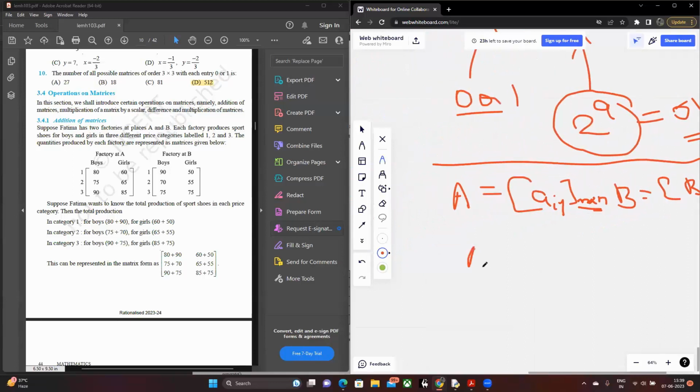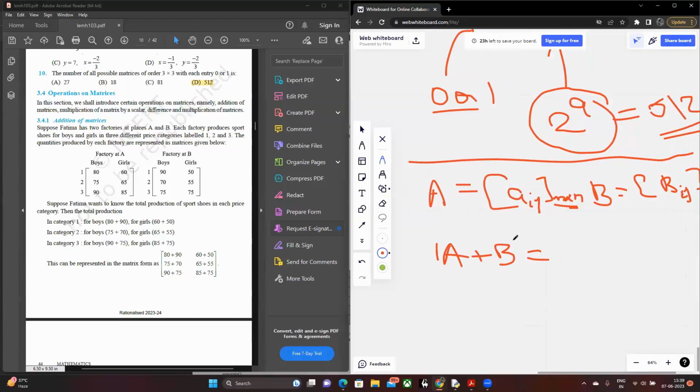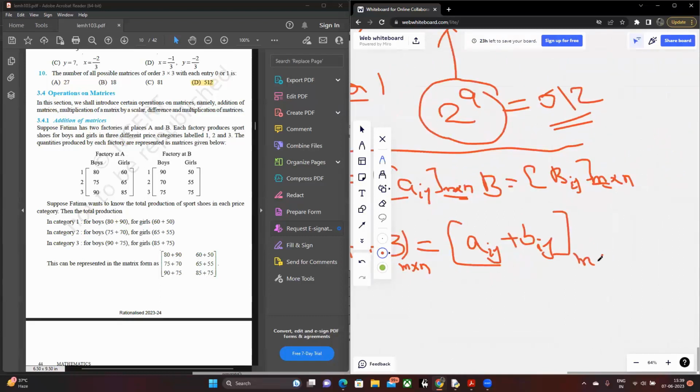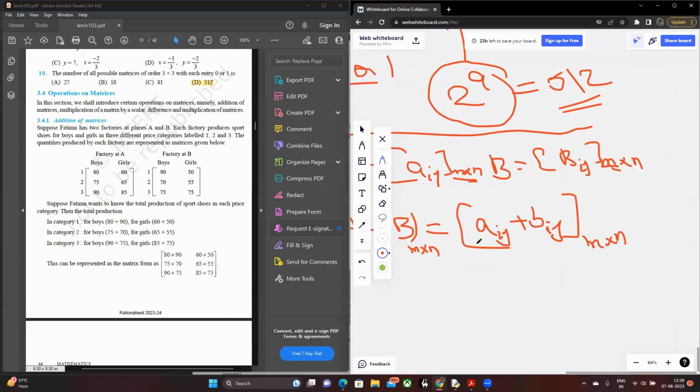Only then is the addition of 2 matrices defined. The addition, of order m cross n, is going to be the elements Aij plus Bij. This is an addition of each element ij.